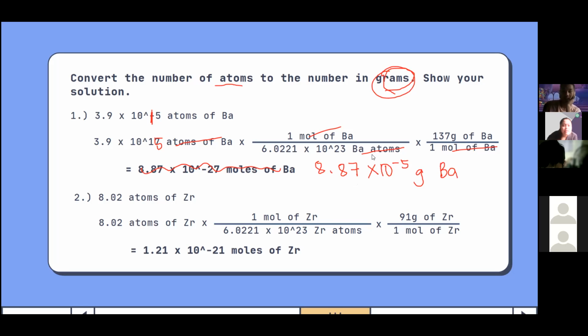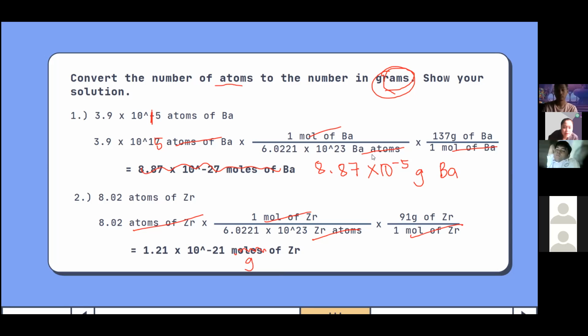So take note of the correct answer for number 1. Okay, next. 8.02 atoms of zirconium, i-convert natin siya into grams. So you cancel the units first, the moles. Again, ang maiiwan na unit is not moles, but grams of zirconium. So 8.02 times 1 times, what is the atomic weight of zirconium?